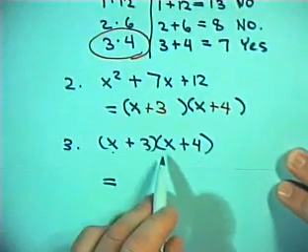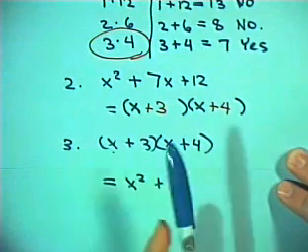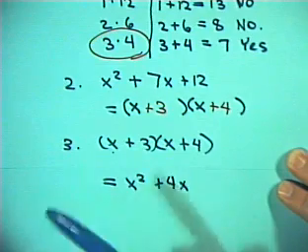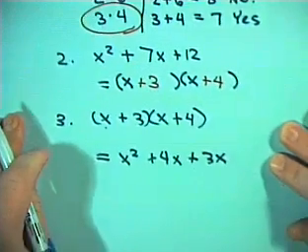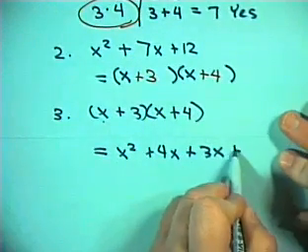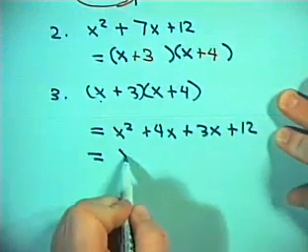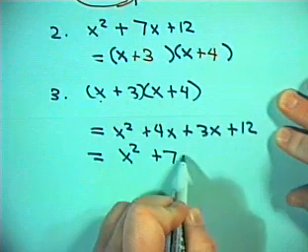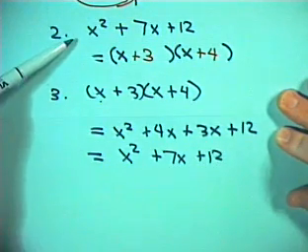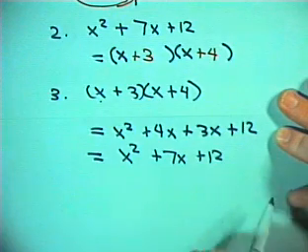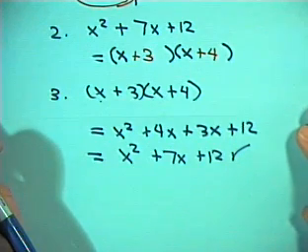So first will be x squared plus outside 4x plus inside 3x plus the last. 3 times 4 is 12. And when we simplify that, we have x squared plus 7x plus 12. This does indeed match our original polynomial, so it checks out, and we found the correct factored form. That is the end of this example.